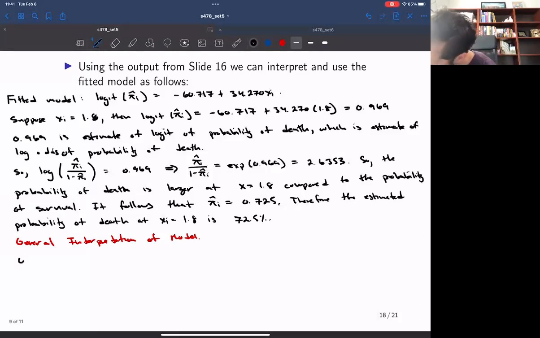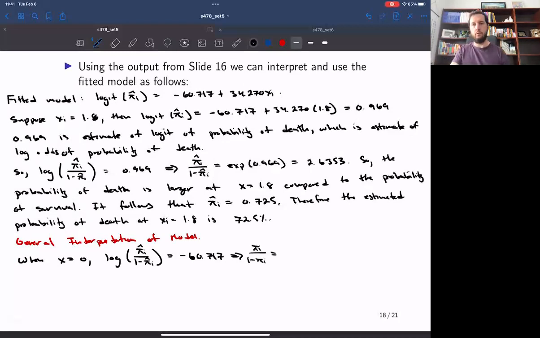So when x equals 0, the log of pi_i hat over 1 minus pi_i hat is equal to negative 60.717. This means that pi_i hat over 1 minus pi_i hat is equal to, as you'll notice, a massive number, right?